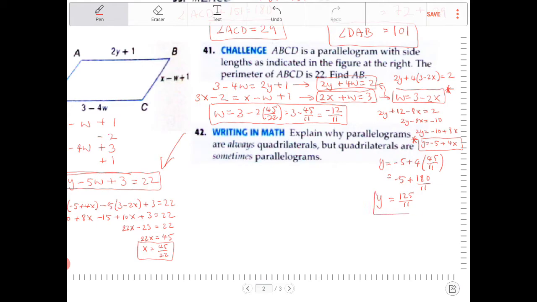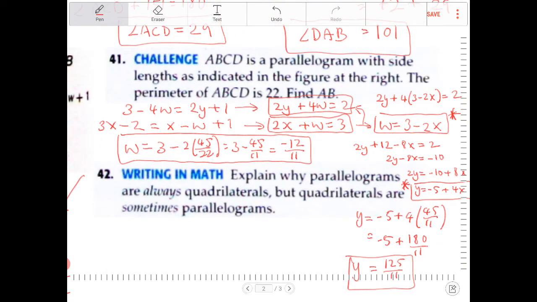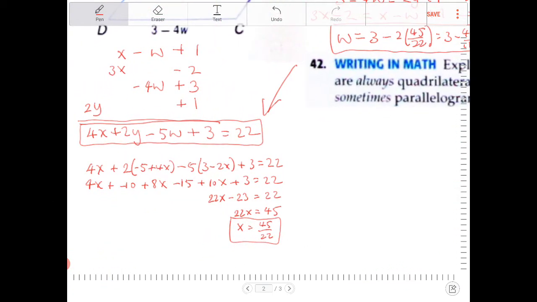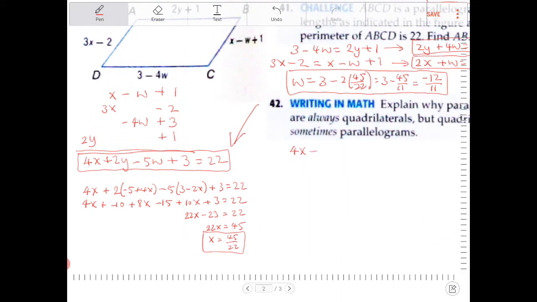All right, so I want to show you how to actually do this on a calculator, if ever something like this presents itself. Take the equations that I have. This equation, 4x plus 2y minus 5w is equal to, subtracting 3 from both sides, 19.